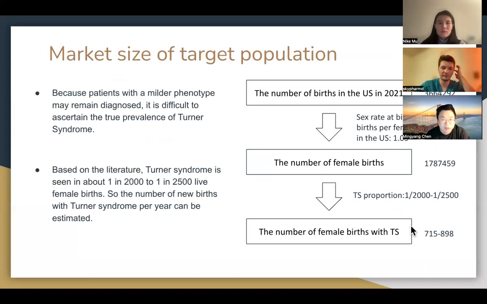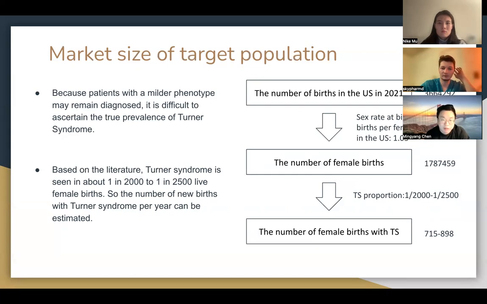For the market size of the target population, because patients with a mild phenotype may remain undiagnosed, it is difficult to ascertain the true prevalence of Turner syndrome. However, based on the literature, Turner syndrome is seen in about 1 in 2,000 to 1 in 2,500 live female births. So the number of new births with Turner syndrome per year can be estimated. We estimated the number of female births with TS in the US in 2021.